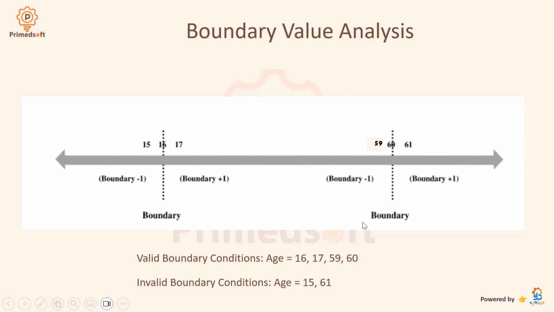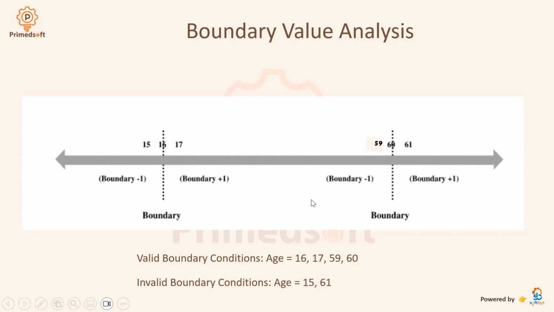You can see that boundary value analysis has also told us that 59.5 falls under valid scenarios, and 60.5 falls under invalid as well. Can you see? This is a principle of boundary value analysis.